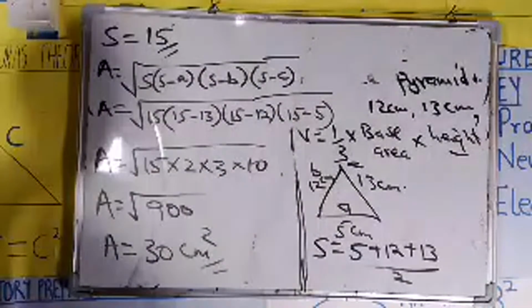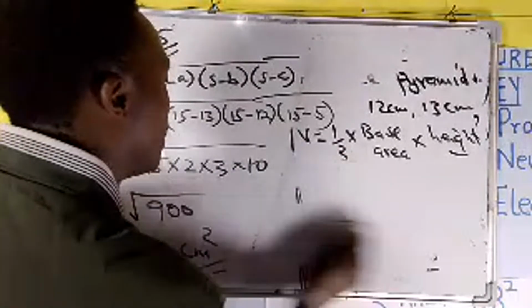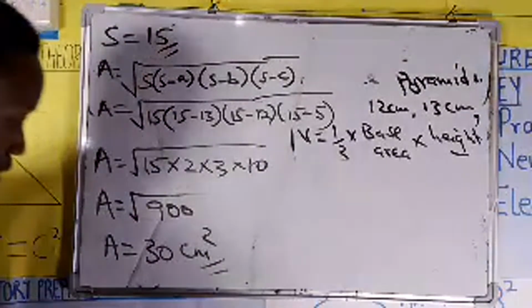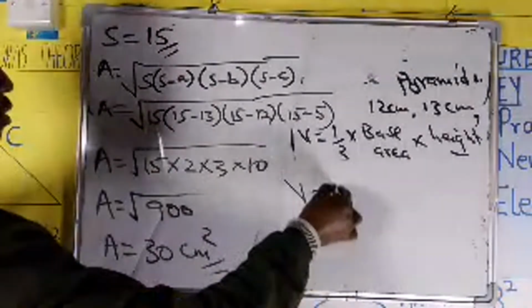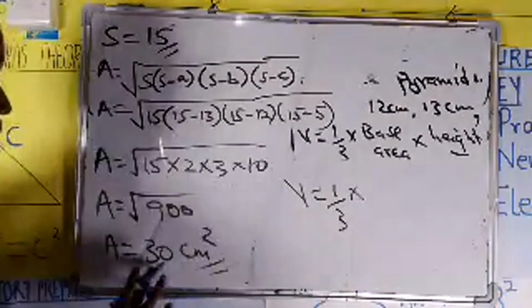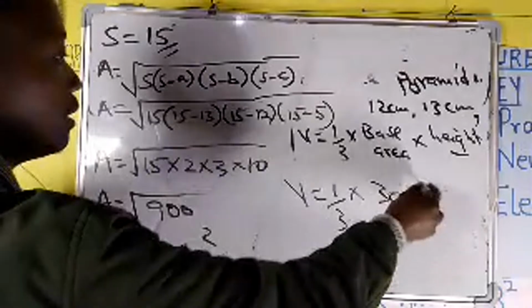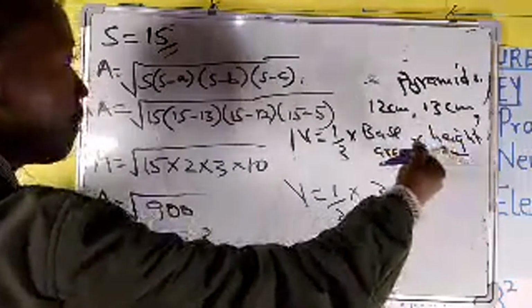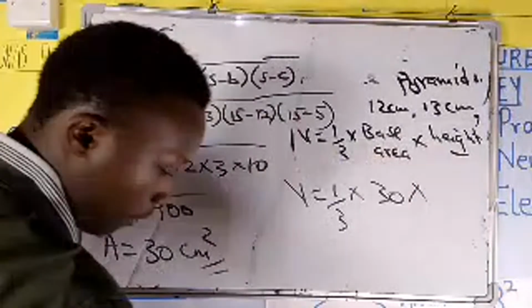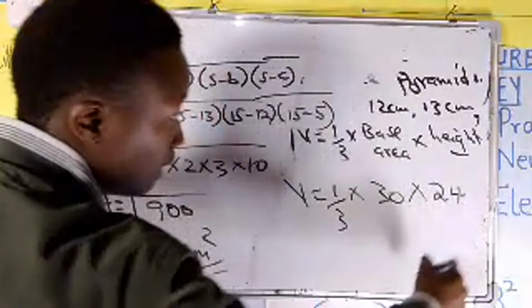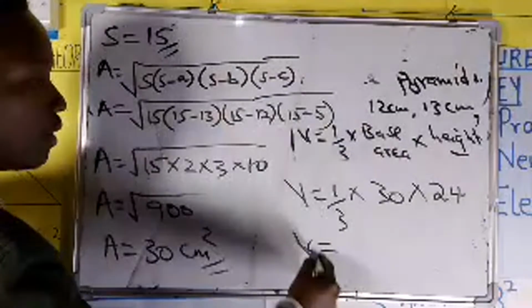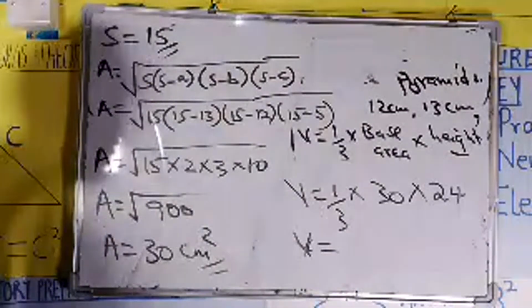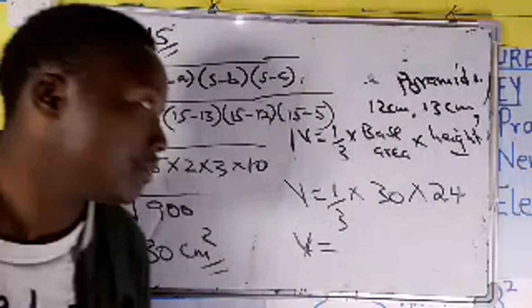After we get our base area is 30 centimeters squared, our volume is going to be a third times our base area, 30, times our height, 24. What is a third times 30 times 24?